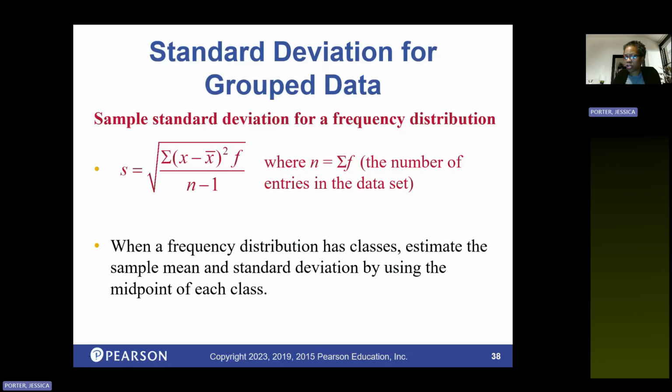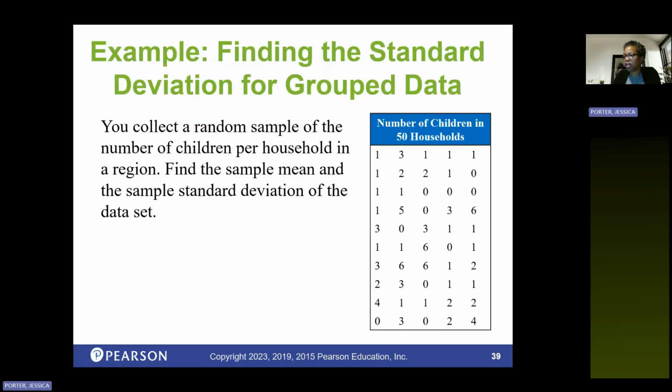When a frequency distribution has classes, estimate the sample mean and standard deviation by using the midpoint of each class. So on this first example, we don't have classes. So it's just going to be 0 through 6. It says find the sample mean and the sample standard deviation of the data set.